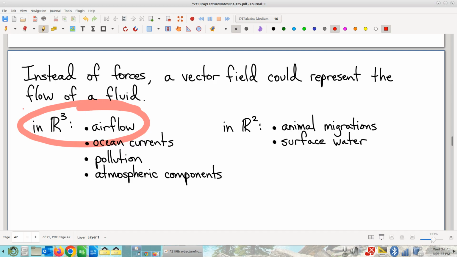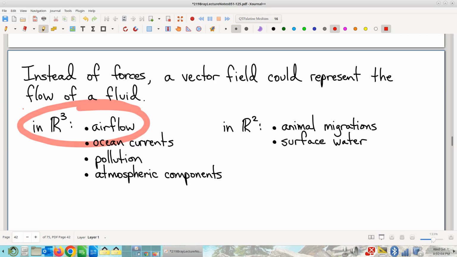At any given point, if I were to look at this exact point right here, the air has a velocity at that point. So at any point, there's an associated vector. That's what a vector field is. So a vector field is the perfect construction to describe how the air is flowing in this room, or the flow of any fluid, frankly.